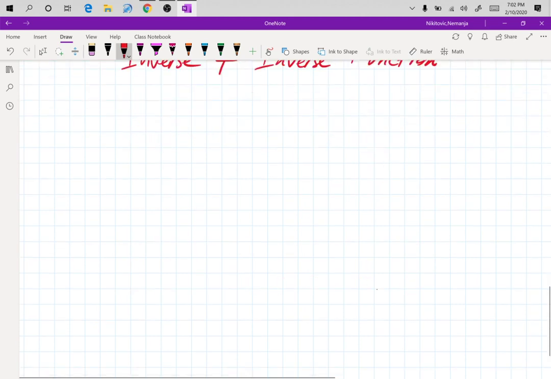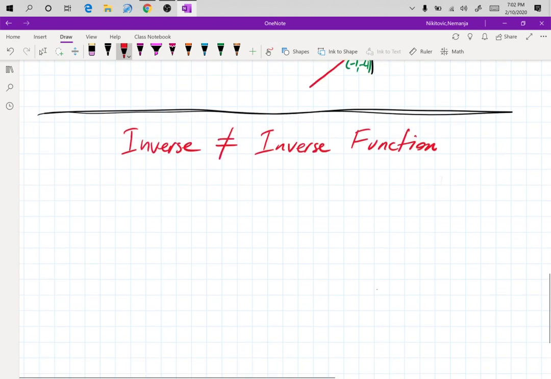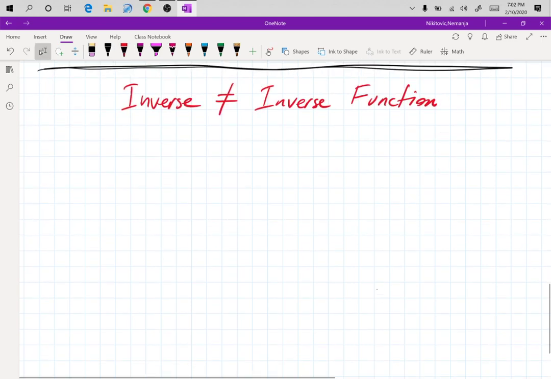Now, you will worry much more about this when you get to trig and calculus. But right now, we're learning fundamentals. You see, anything has an inverse. Anything. But not every inverse is a function.